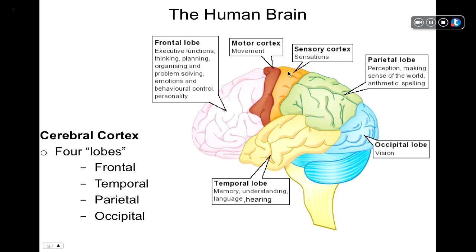That is, I can take an electrical probe and apply stimulation to different parts of that sensory cortex, and you'll sense the stimulation in different parts of your body. And then back here is the occipital lobe. You can think of the occipital lobe as being that part of the brain that is primarily responsible for processing visual information. So those are the 4 lobes of the brain and some of their functions.